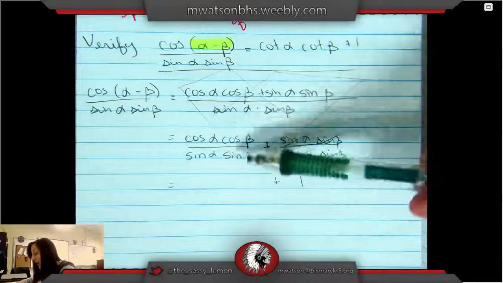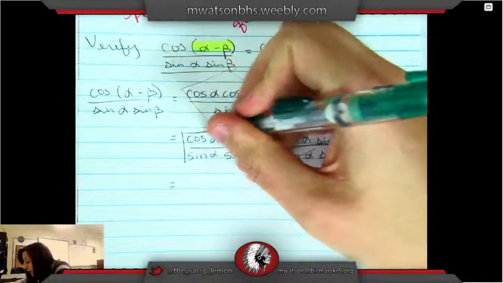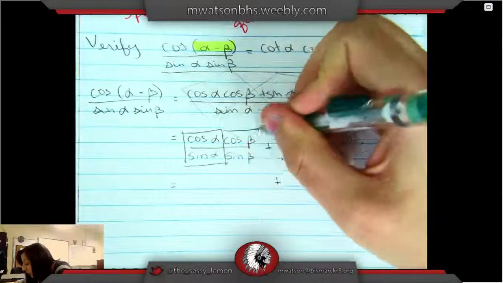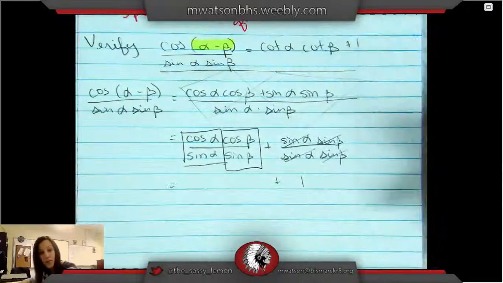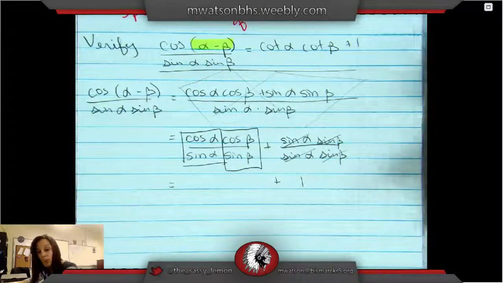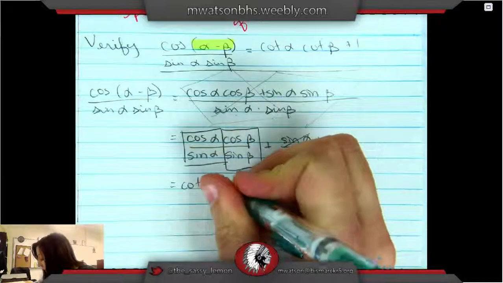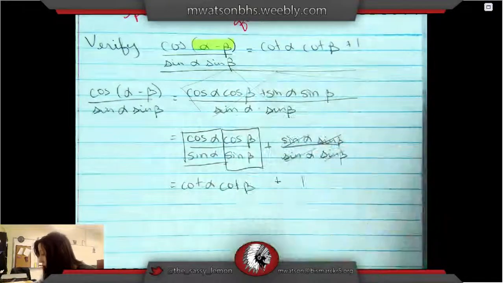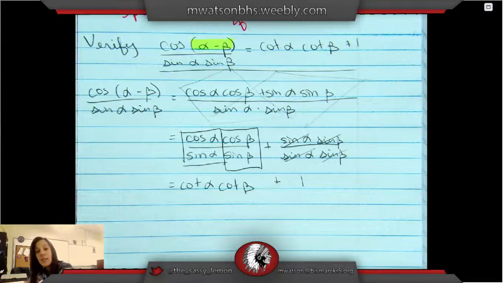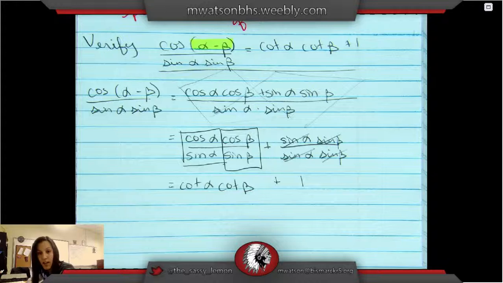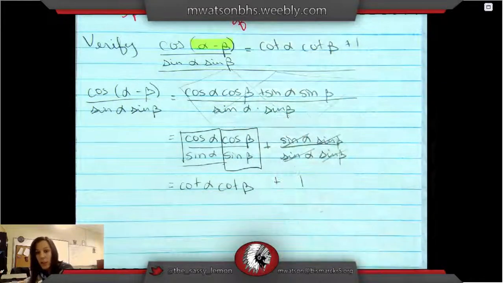And over here, we have cosine of alpha over cosine of beta. So we can turn that into cotangent of alpha, cotangent of beta.